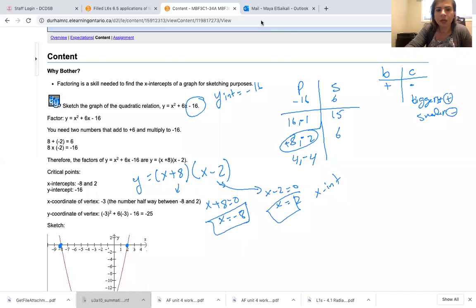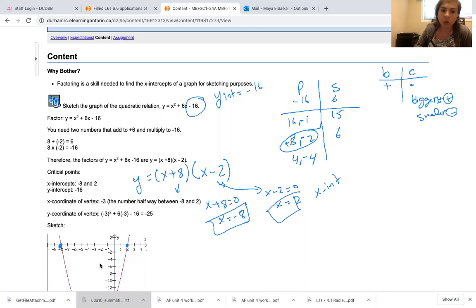One more thing I would need is the vertex. Once I find the vertex, I can graph. I have 4 points, it's pretty clear, I can graph easily. To find the vertex, remember what we talked about in the previous unit. If I know the zeros, I need to find the middle point, because the axis of symmetry is in the middle between the two.